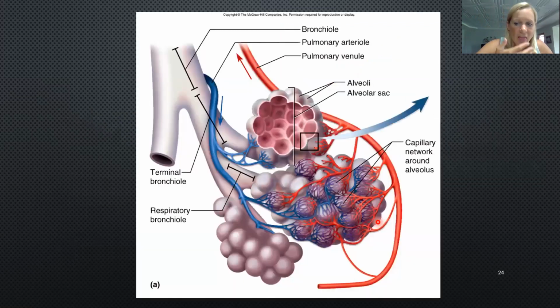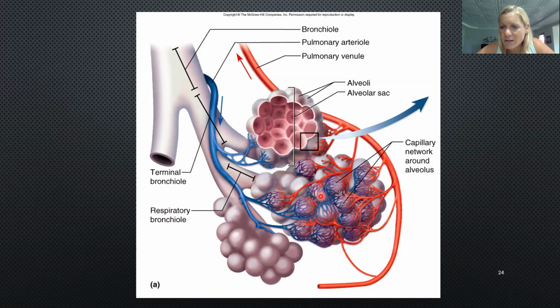One thing I wanted to point out, since I have a lot of pictures in this lecture, is the density of capillaries within the respiratory system. Here you can see the pulmonary capillaries really enclosing around each individual alveolus.